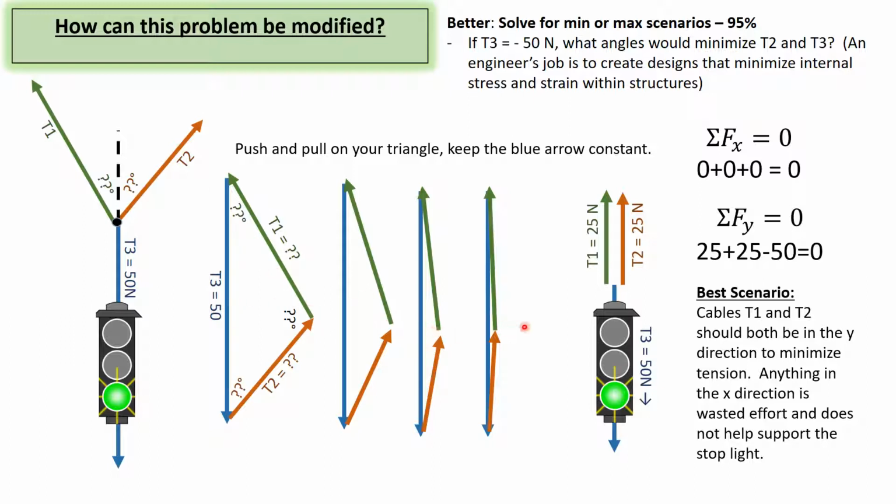So this is another advantage of the triangle method, is you can push and pull that triangle and really start to get a feeling for what the best design should be and where you have wasted effort in your design.